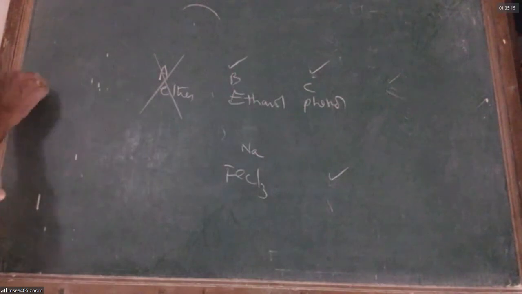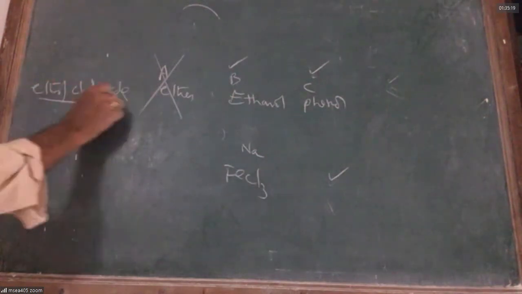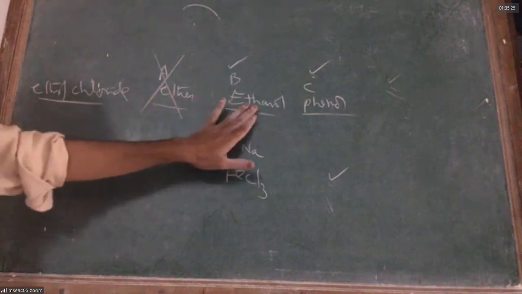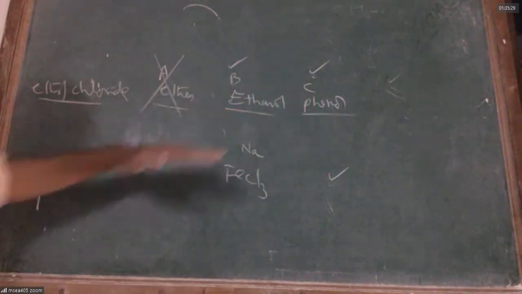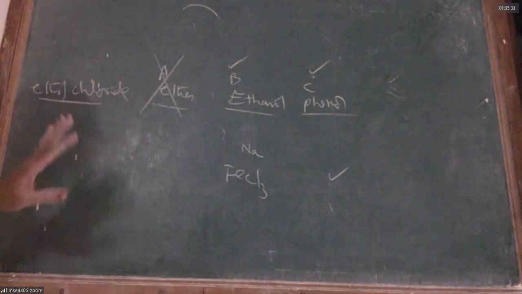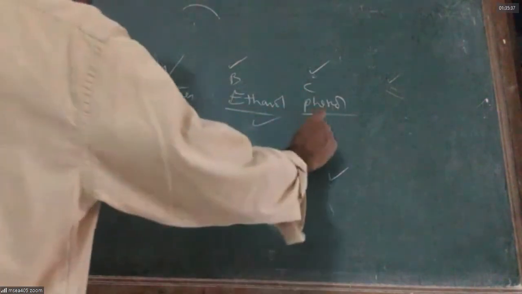Suppose you have ethyl chloride, ether, ethanol, and phenol. In sulfuric acid, any compound that has oxygen will dissolve. So in dilute sulfuric acid, if the compound dissolves, it is not an alkyl halide.